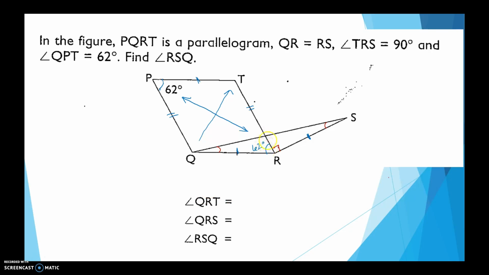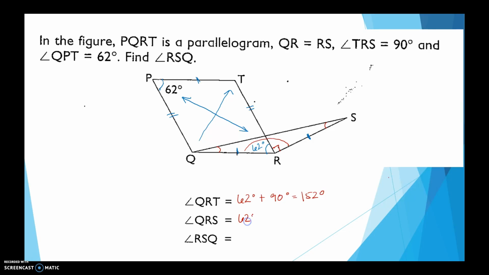So angle QRT is the first angle that I'm trying to find, and that's this guy right here. We know both parts of that angle: one part is 62 degrees and the other part is 90. So all I have to do is add those together, and I'm going to get 152 degrees. Now I want to find angle Q. Oh, whoops, I just did that wrong. I'm sorry, you guys. That belongs down here.